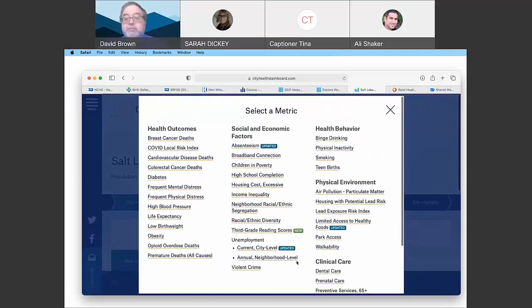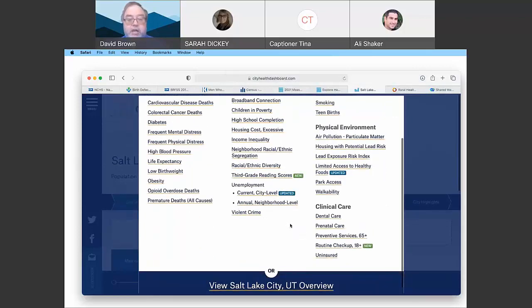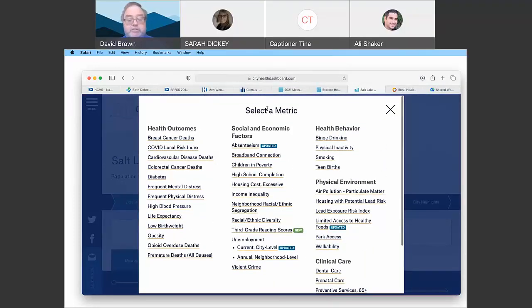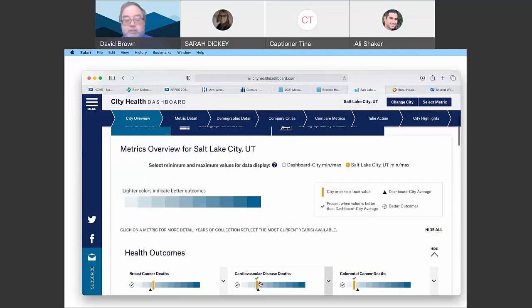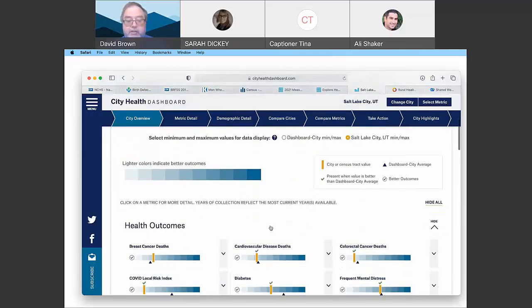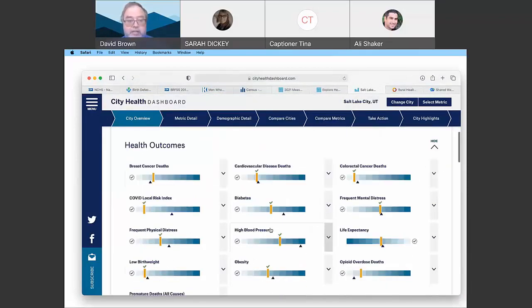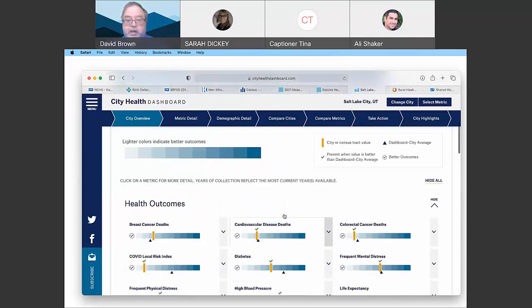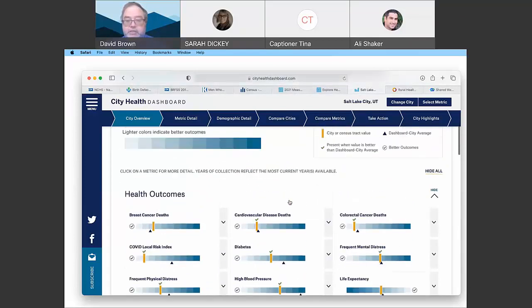Lots and lots of good information at a city level. So if you're in a city library or at a city health department or at a state, you can find this information. You can go to very specific metrics, or you can just go to a general overview, so you can see what's going on, again against the national averages and versus the census tract values.